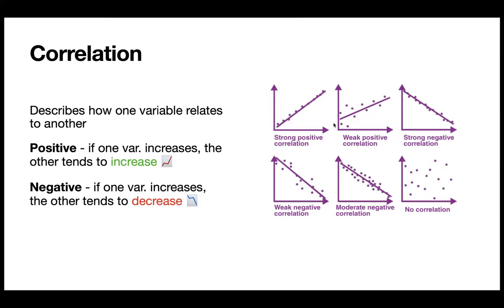And when we got 0.42, that means that it's weak, but it's existing. And our correlation is positive. So like it says here, if one variable increases, then the other tends to increase too.